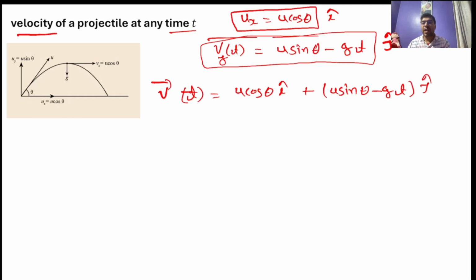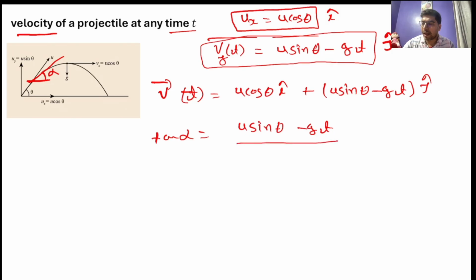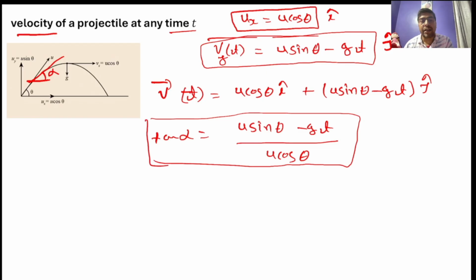Clear? Now what will be the angle with the horizontal? Suppose at any time it is making angle alpha with the horizontal. So tan alpha equals the y component, u sine theta minus gt, divided by the x component, u cos theta. This is the angle alpha at any point of time t.